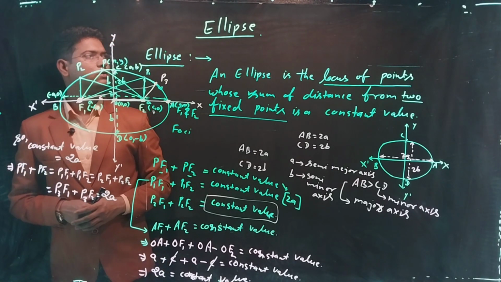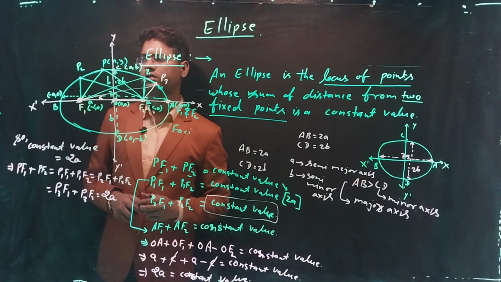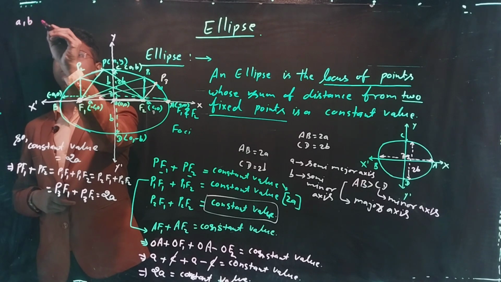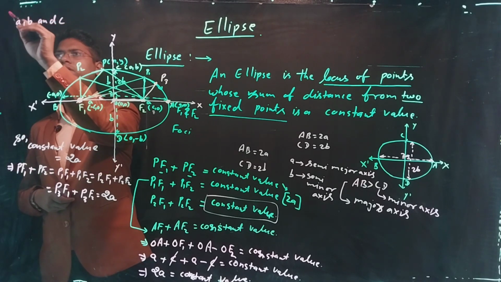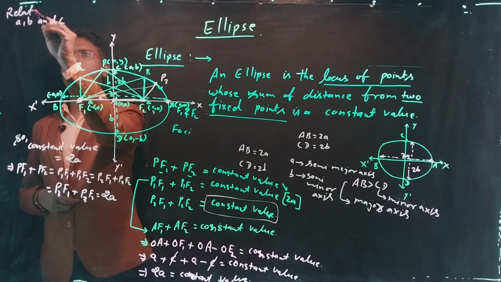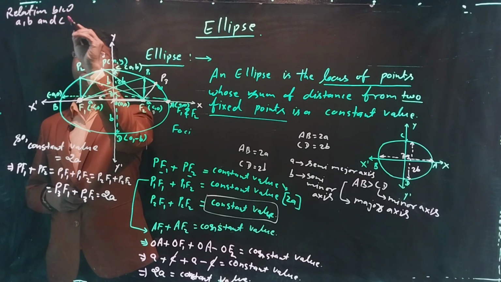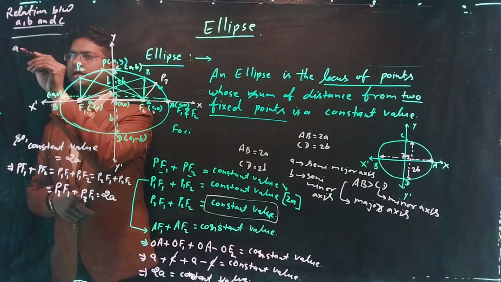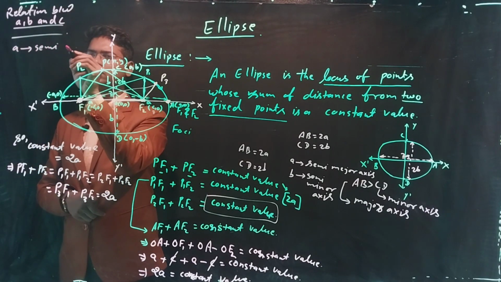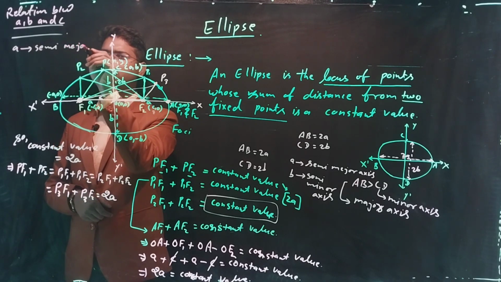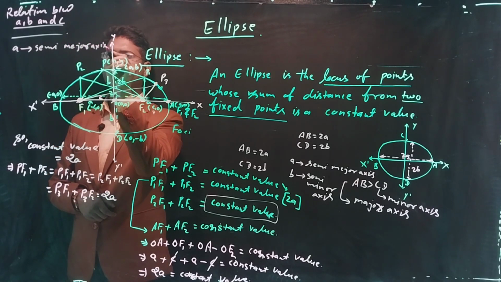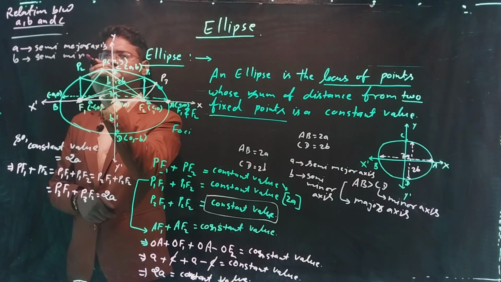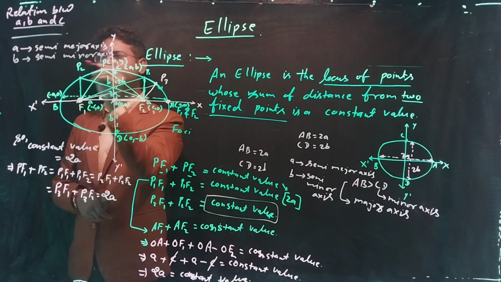And friends, now we will see what is the relation between A, B and C. What is A? A is the semi-major axis. What is B? B is the semi-minor axis. And what is C?